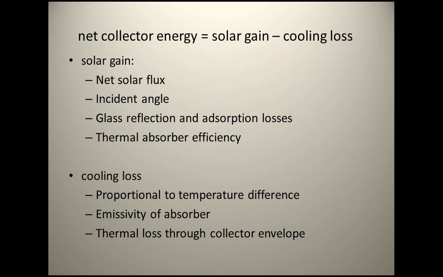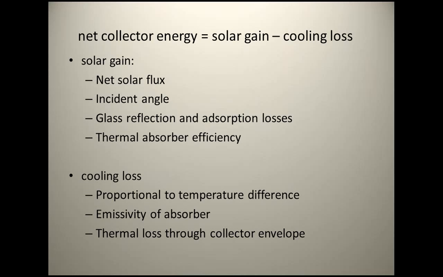Cooling loss is proportional to the temperature difference. If it's colder outside, you get more loss. There's what's called the emissivity of the absorber, and here again the technology is very good. Emissivity is the ability or the tendency of a hot object to lose heat by thermal radiation in the infrared. So it's what makes a fire hot.